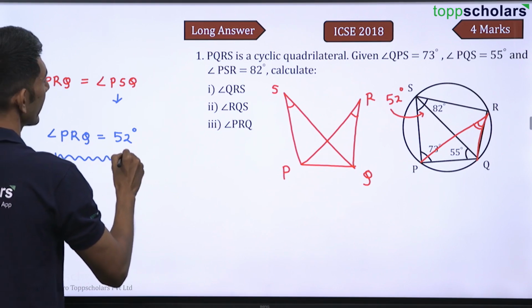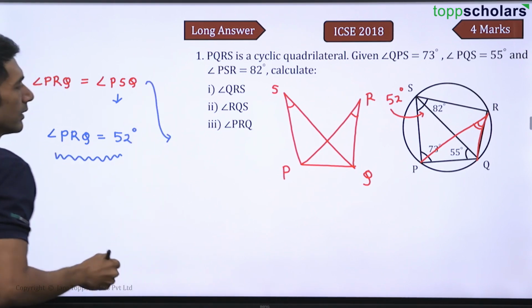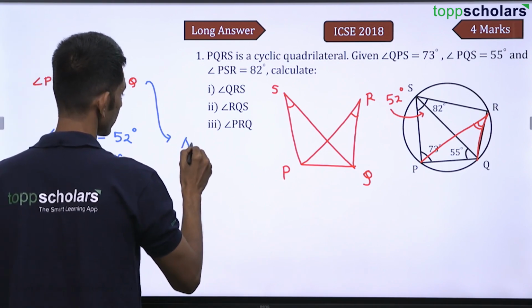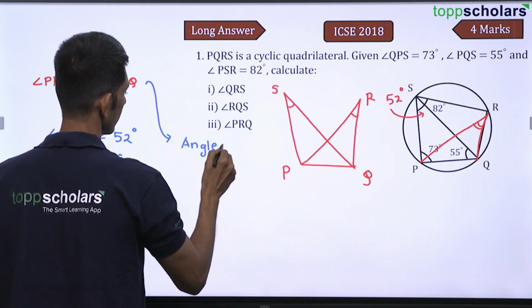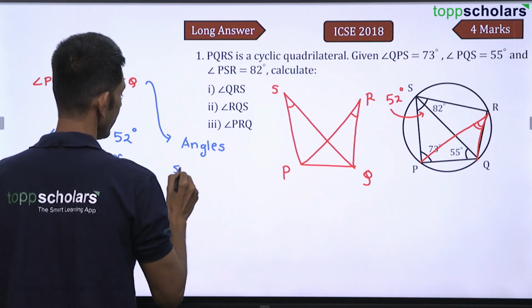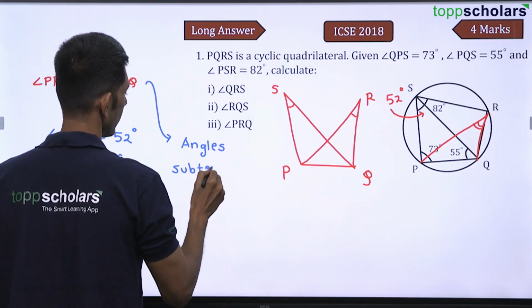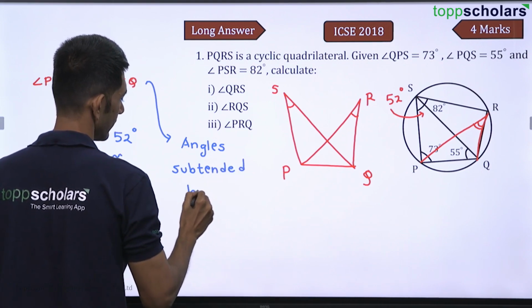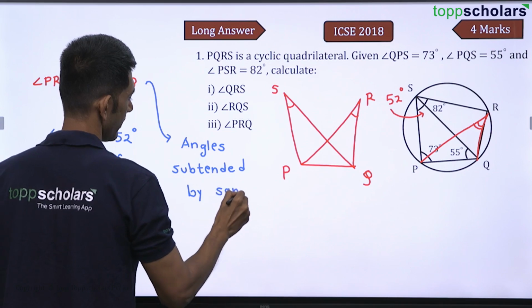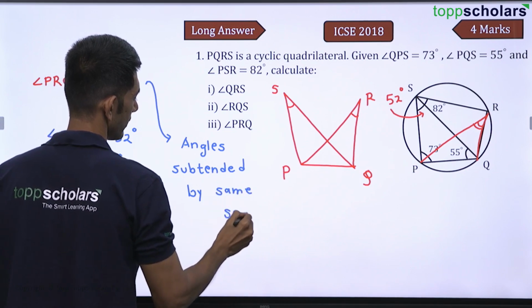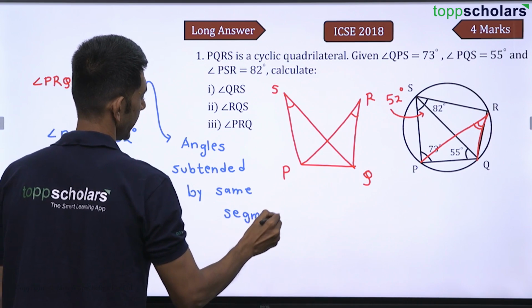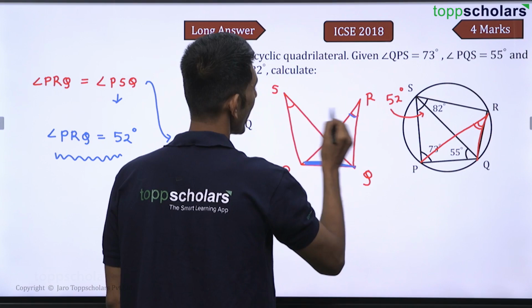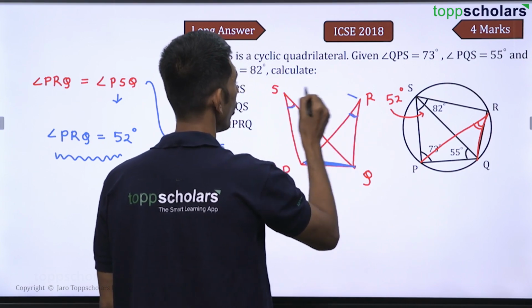What is the reason that you will write down? Angles in the same segment are equal, right? Angles subtended by the same segment, because if you see, this PQ is subtending these two angles, where on the circle, right?